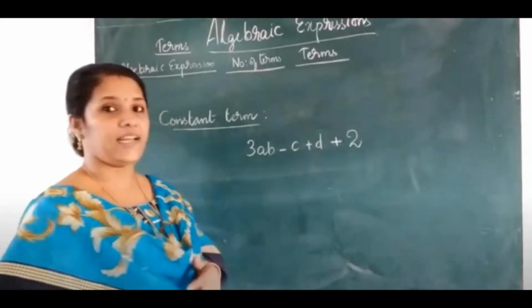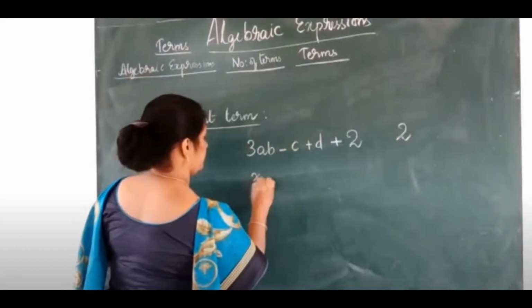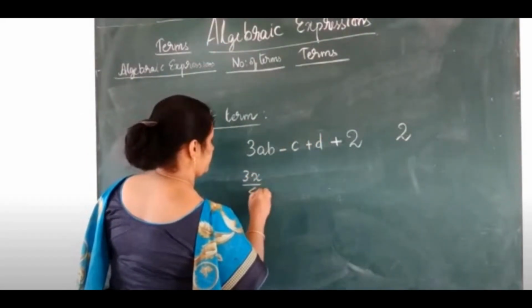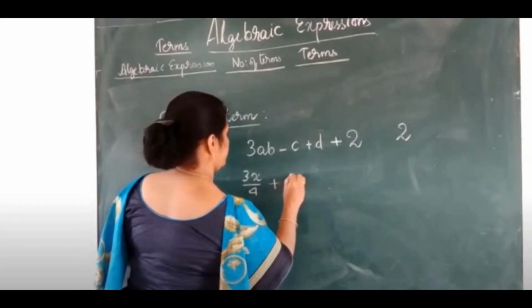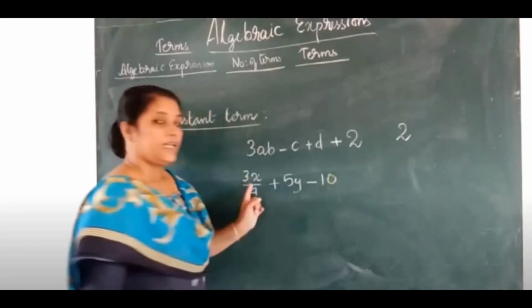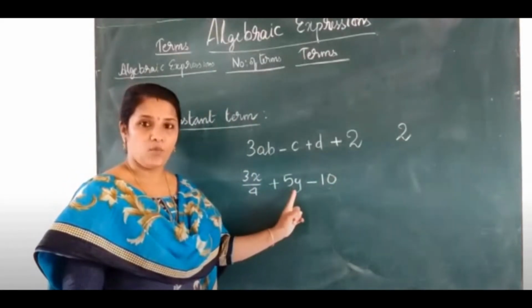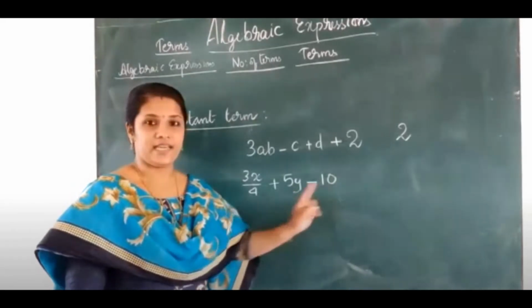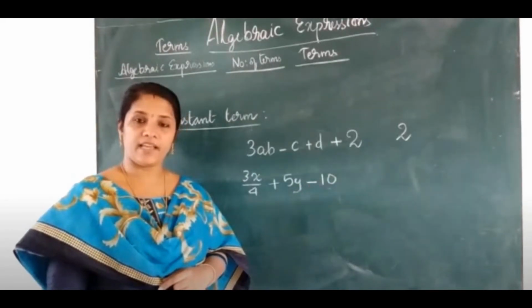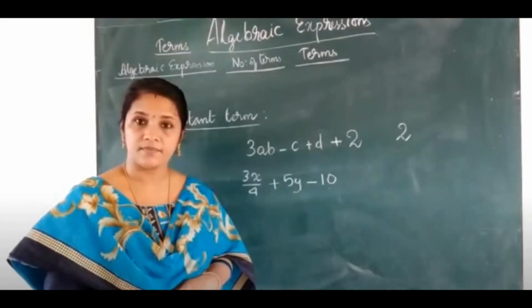Let me write another example: by 4 plus 5y minus 10. In this algebraic expression, can you identify the constant term?